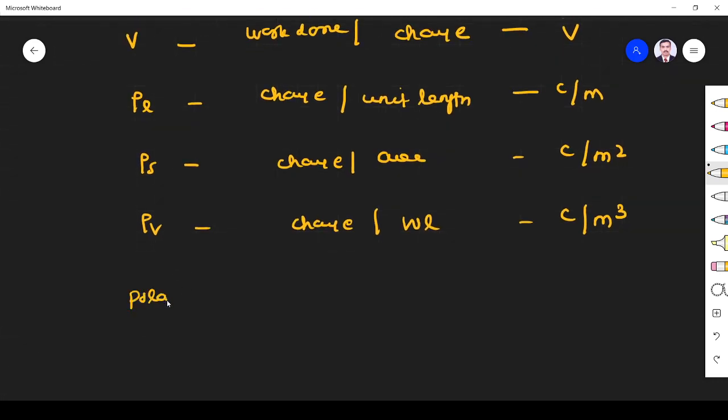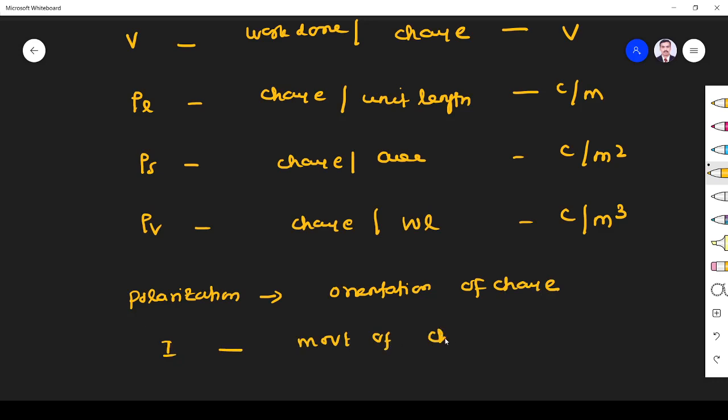And next thing is polarization. Okay, polarization is nothing but orientation of charge. Current, movement of charge. Right?